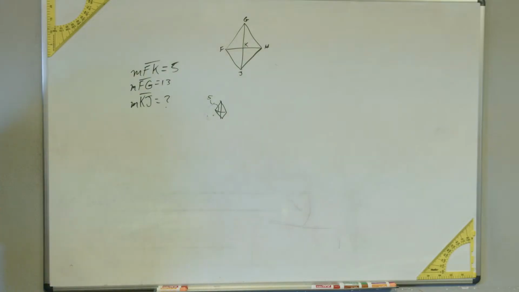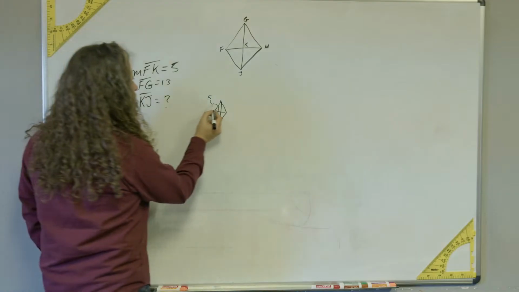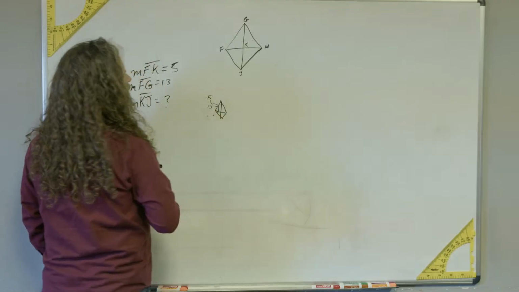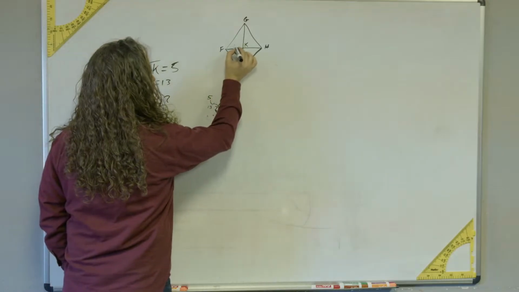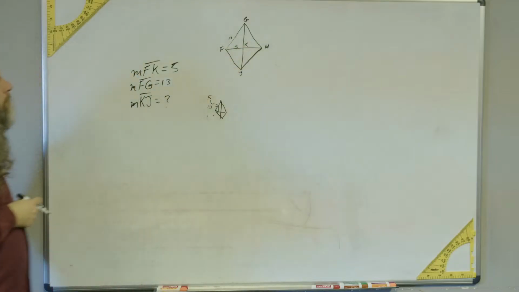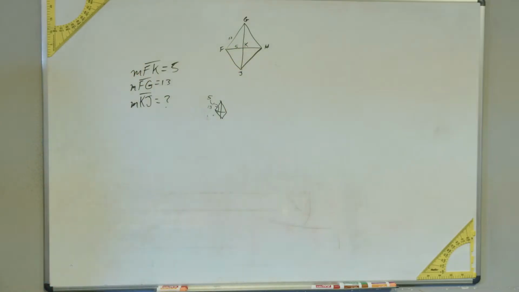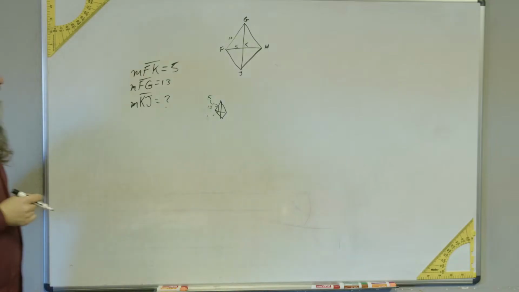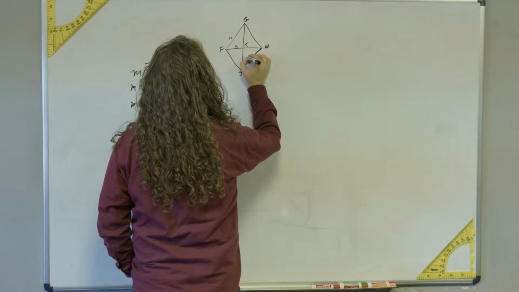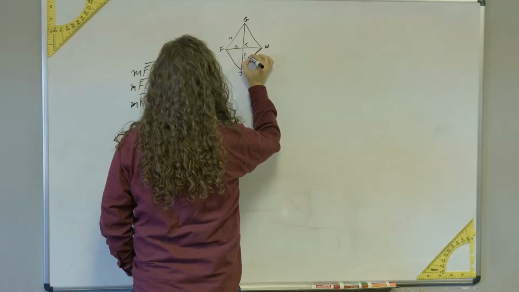And FG is this side right here, and it is 13. And we're supposed to find KJ. We're supposed to find this one.